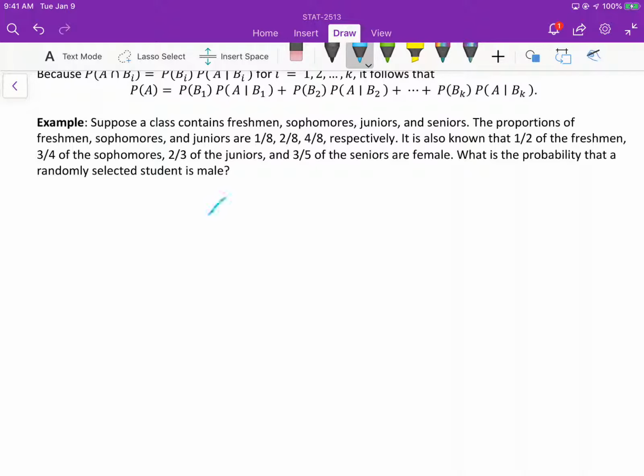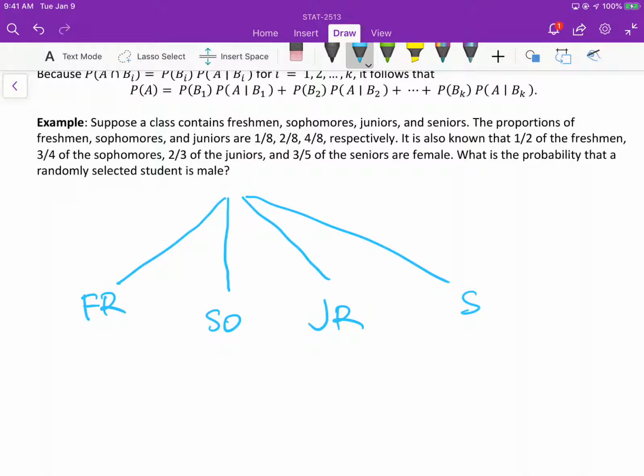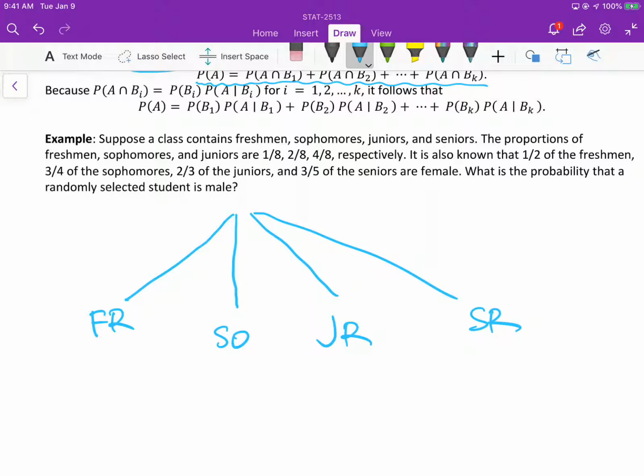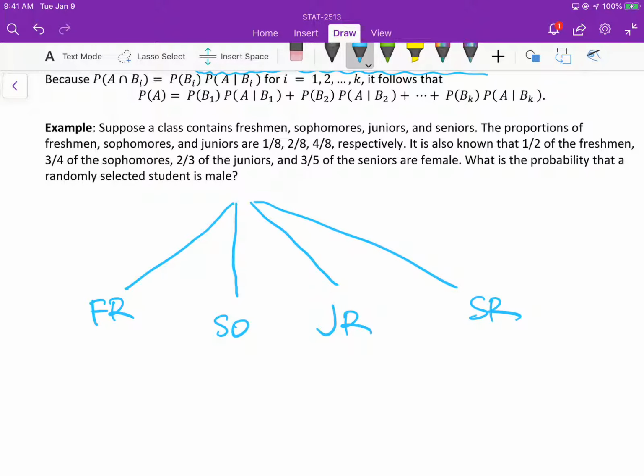A student can be a freshman, can be a sophomore, can be a junior, can be a senior. The proportions of freshmen, sophomores, and juniors will be 1 over 8, 2 over 8, 4 over 8.